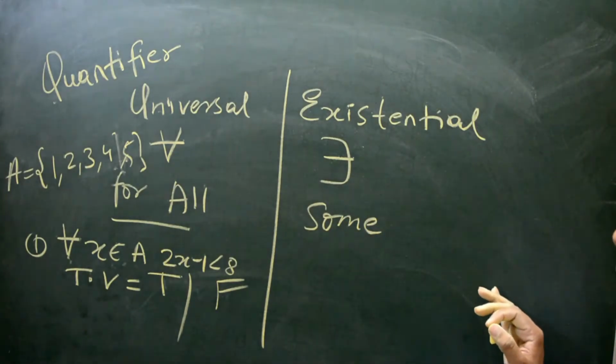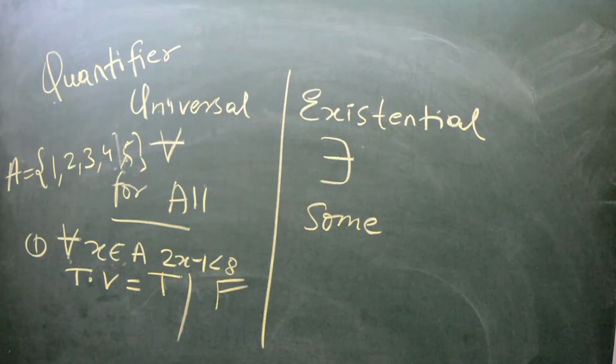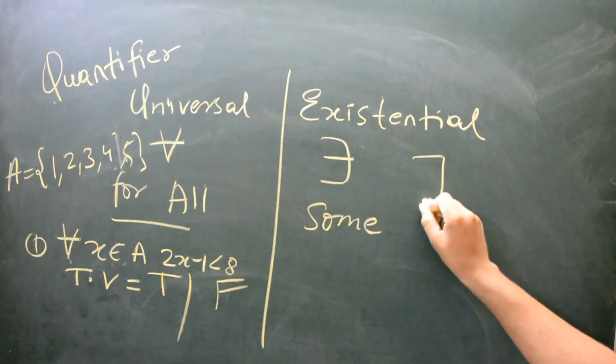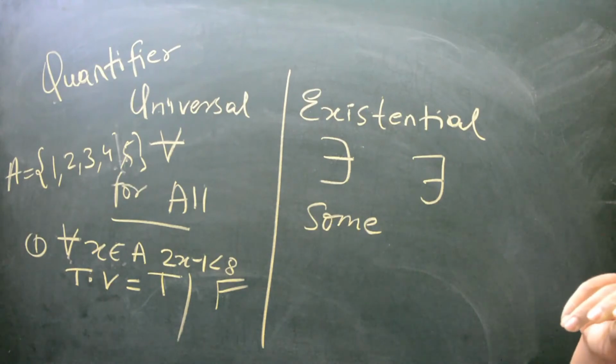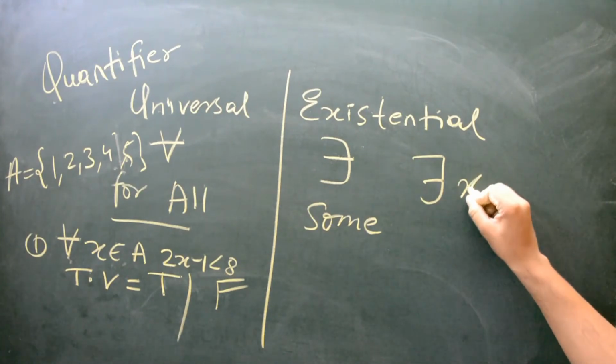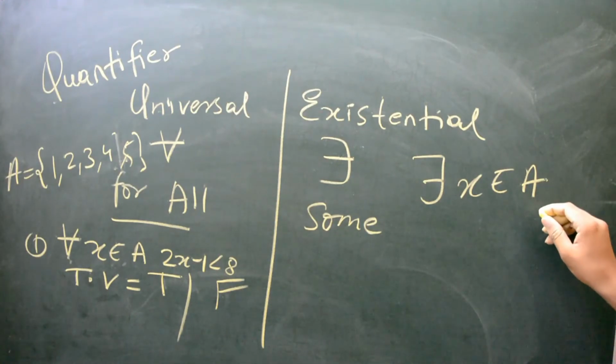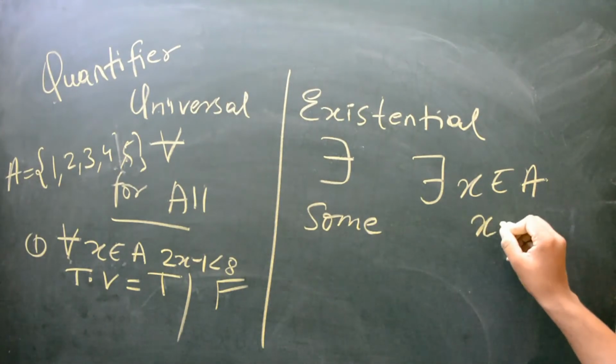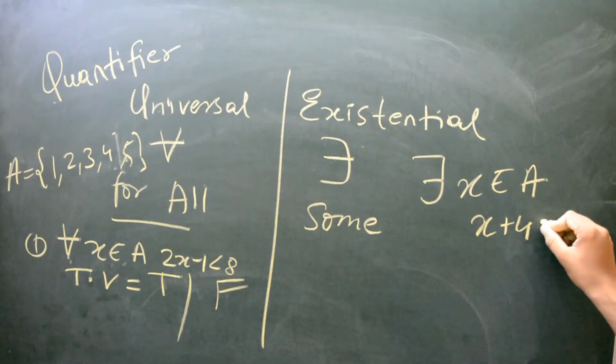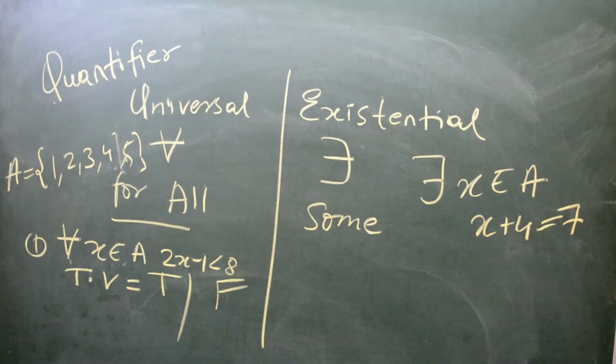Then we will see an existential quantifier example. For some, that is the existential quantifier, x belongs to set A, where x plus 4 is equal to 7.